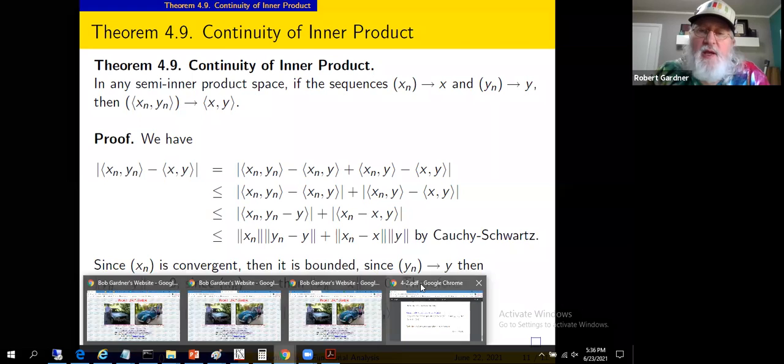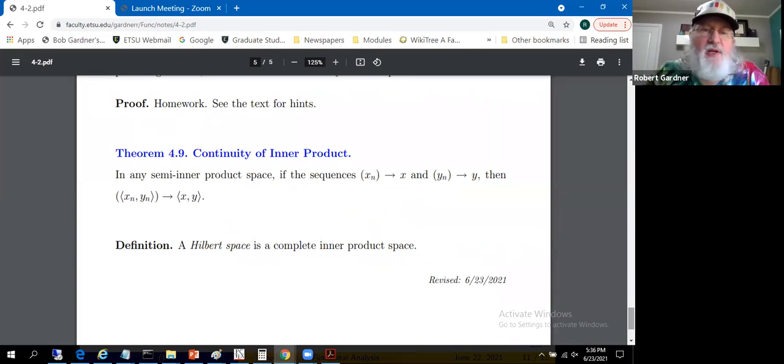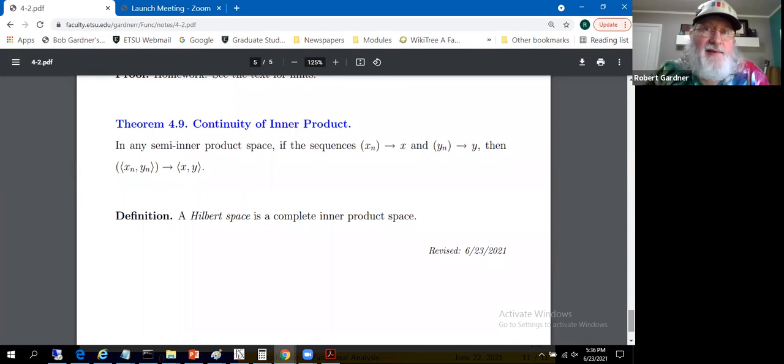That completes everything except the very last definition, which says, finally, a Hilbert space is a complete inner product space. That is, a Hilbert space is a linear space with an inner product on it. Inner products induce norms, so Hilbert spaces are normed linear spaces as well. And it's complete.